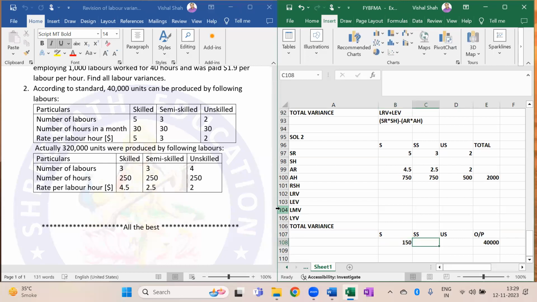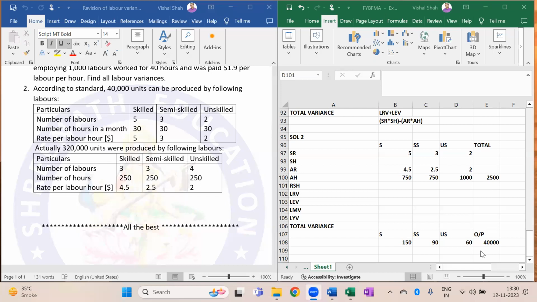Similarly, 3 into 30 and 2 into 30. Then they can make 40,000 units. How much did we make? The unskilled would be 2 into 30. Thank you. Perfect.